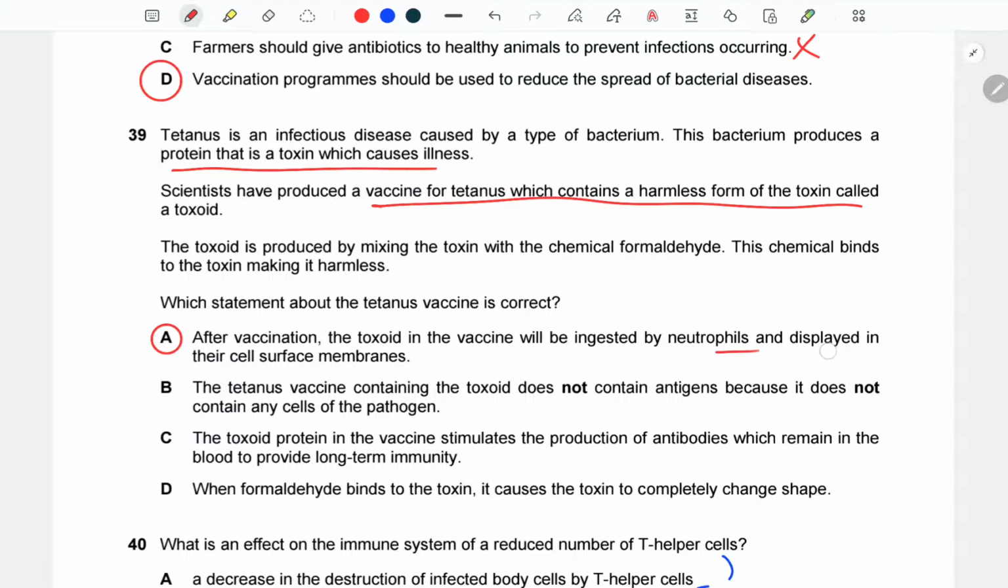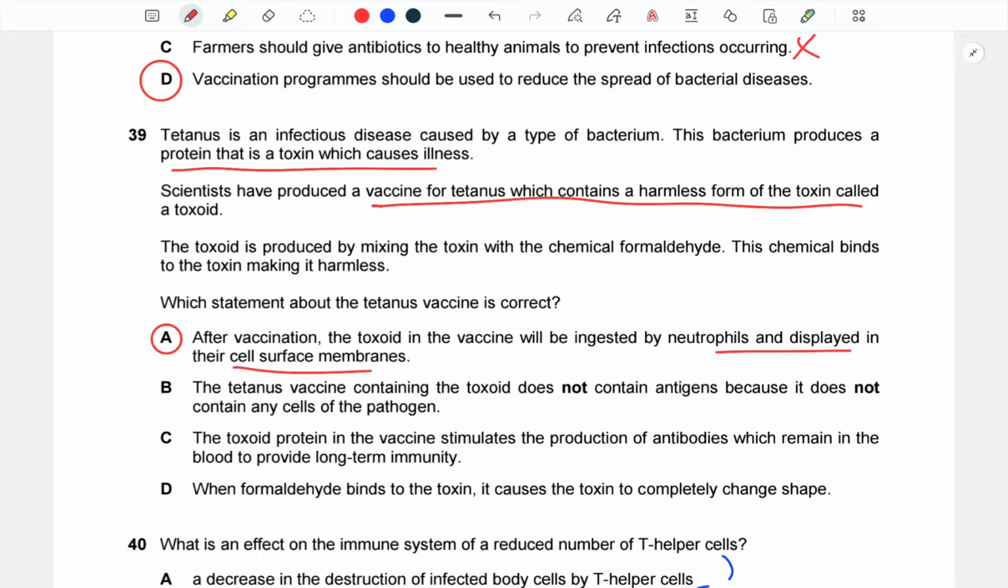After the neutrophils carry out this antigen presentation, the antigens are received by the T helper cells. The T helper cells will recognize these antigens as non-self and will cause an immune response against this toxoid, which is displayed. This will activate the macrophages, the B lymphocytes, the plasma cells, and most importantly, memory B cells.